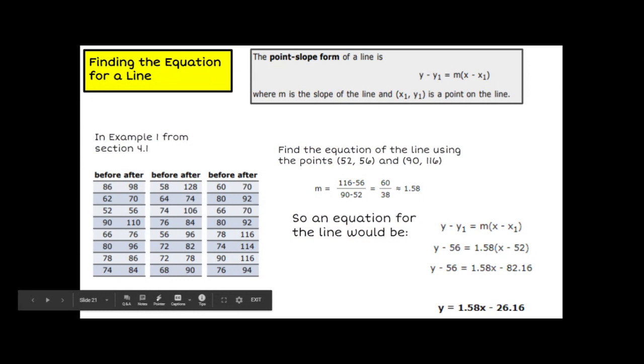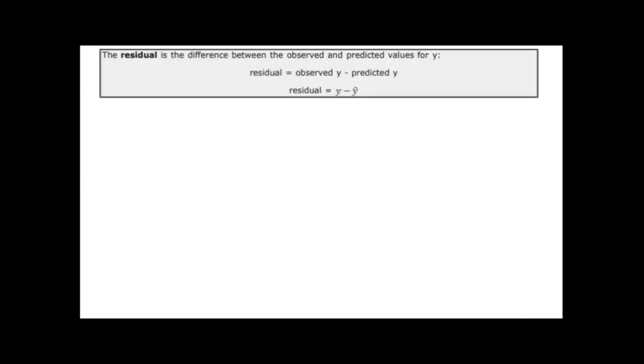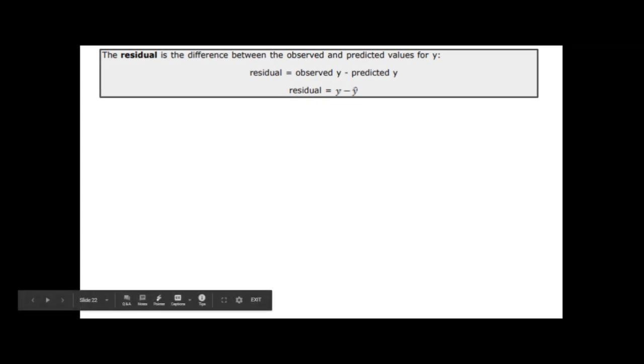All right, so now that we know how to find an equation that fits the data, we need a strategy to find the best line. Let's work our way up to it. Unless the data line up perfectly, we will have a residual.